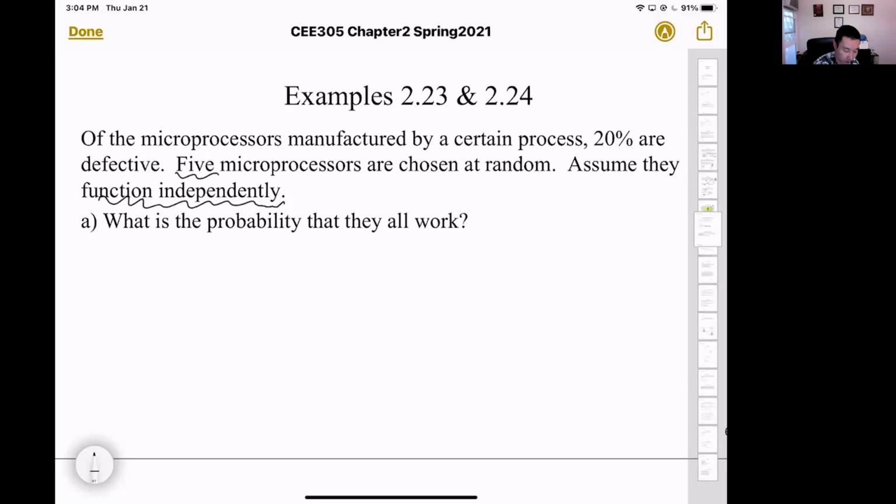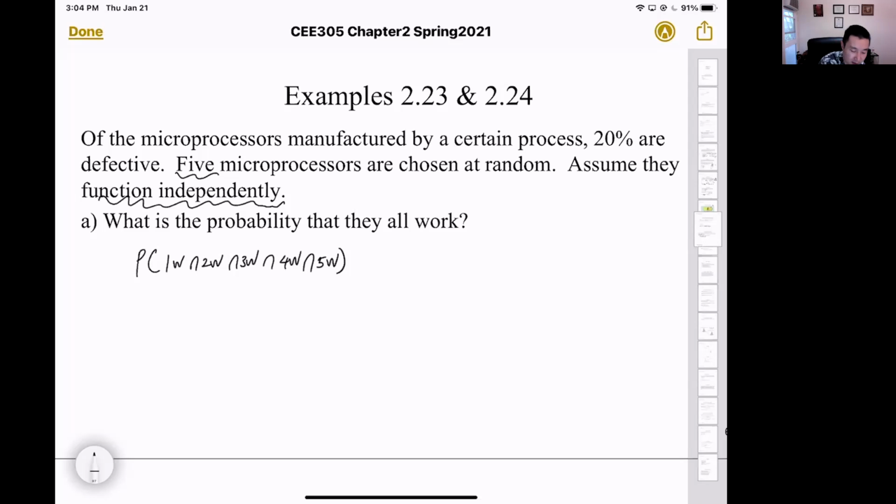The probability they all work will be equal to the probability that the first works, W is for work, and the second also works, and the third works, and the fourth and fifth all work.